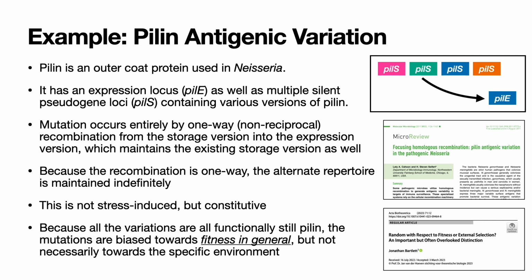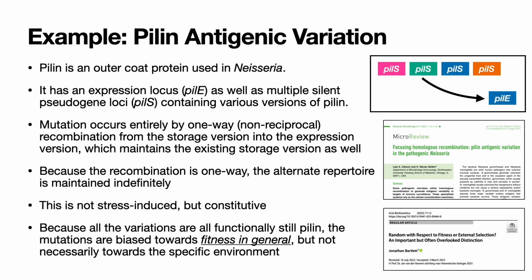Mutation in this system occurs by a one-way non-reciprocal recombination from the storage version, one of these pseudogenes, into the expression version. Since it's a one-way recombination event, we maintain the existing storage version while altering the expression version. Because the recombination is one way, the repertoire of alternatives is maintained indefinitely.